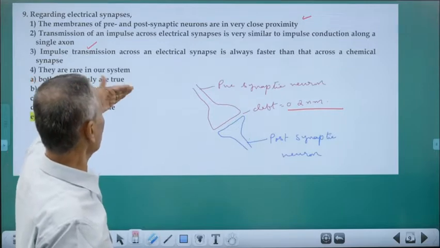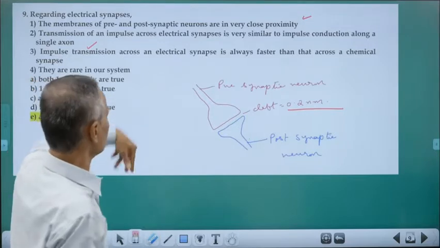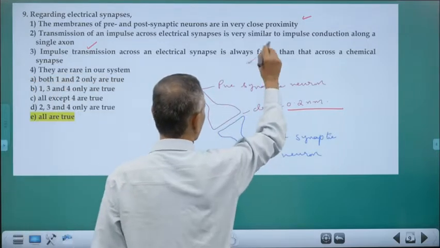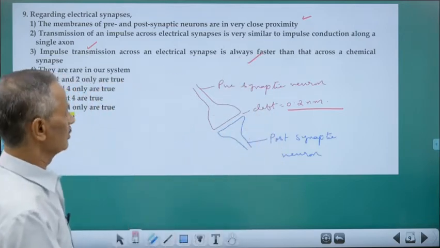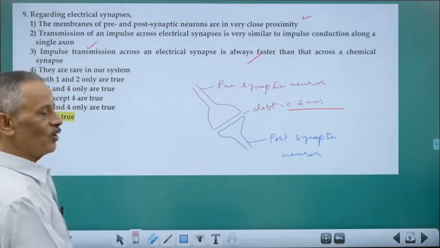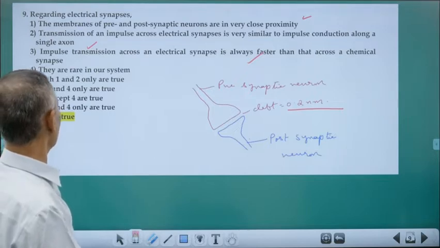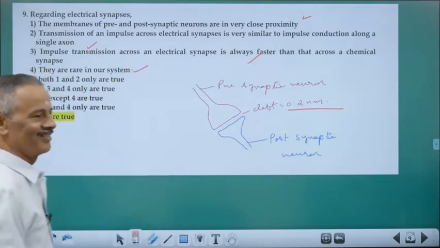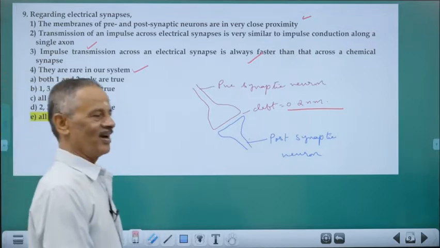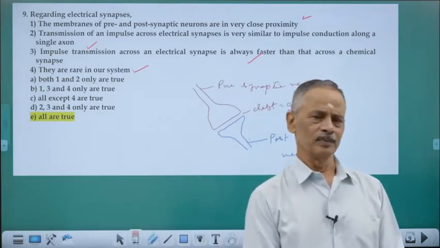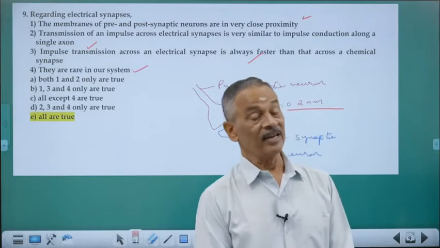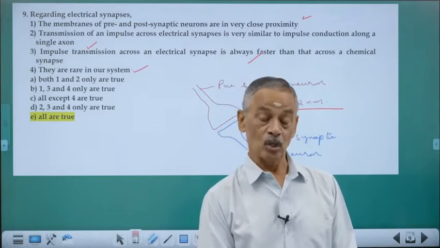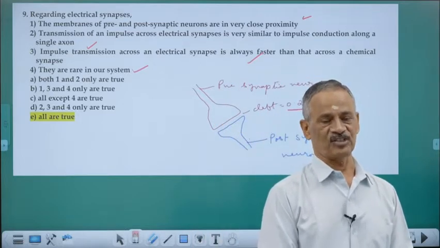Impulse transmission across an electrical synapse is always faster because there is no need for vesicles to fuse and release acetylcholine or the neurotransmitter. They are all rare. We have very few such electrical synapses; we mostly have chemical synapses.